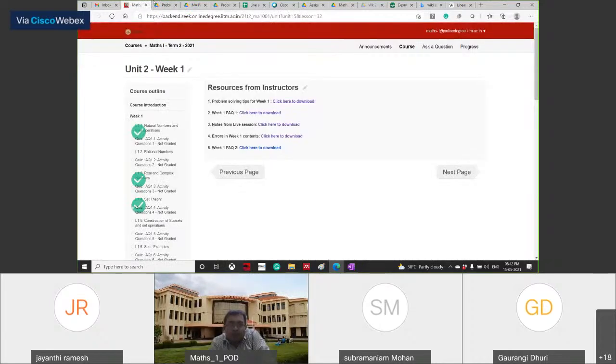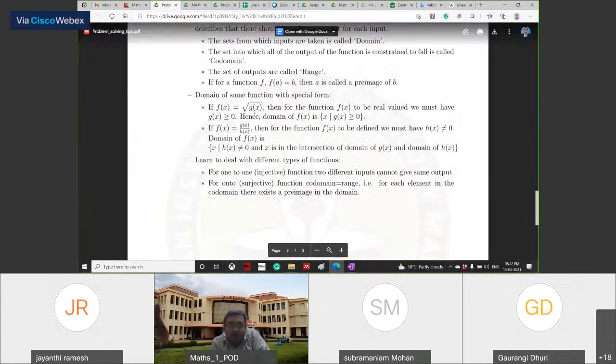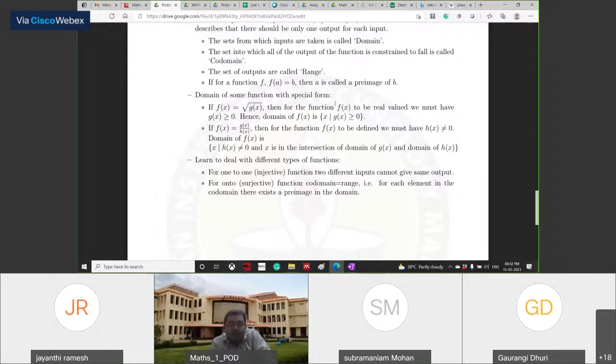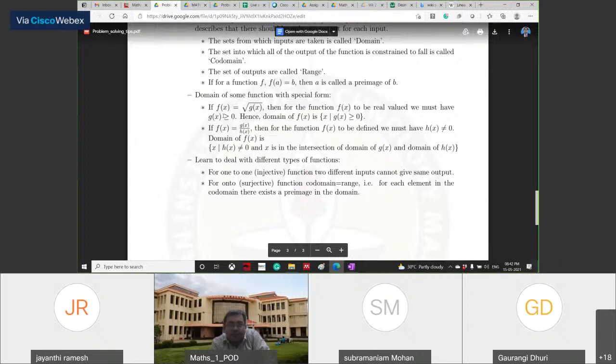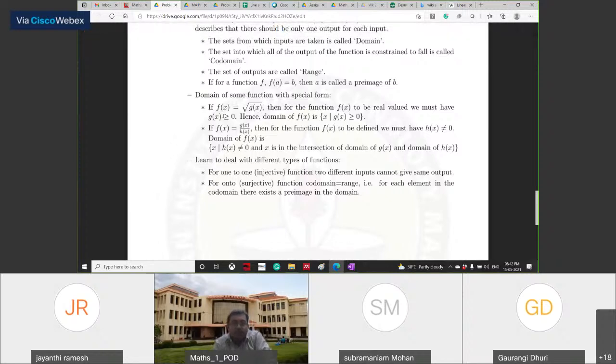So what we want to say is, if f of x is in this form, root of g of x, then for this function to be real valued, what we must have is that g of x is greater than or equal to 0. So the domain should be such that for an x, g of x is greater than or equal to 0.